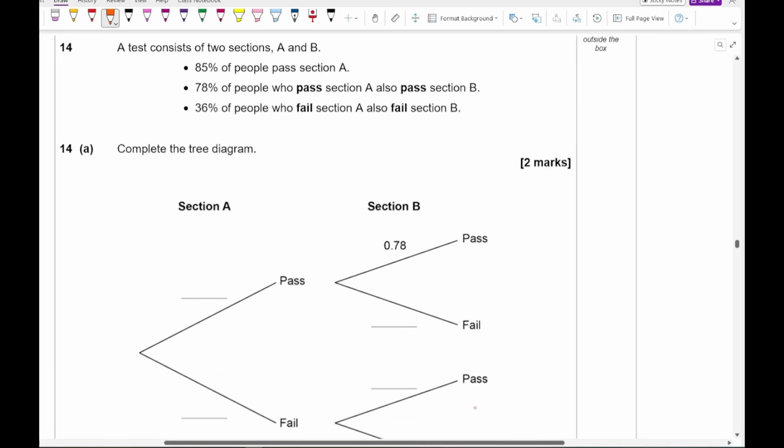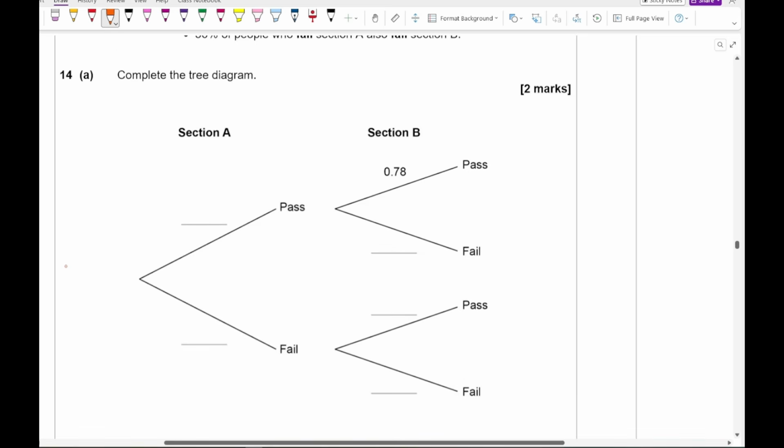Moving on to question 14, it says a test consists of 2 sections, A and B. 85% of people pass section A, 78% of people who pass section A also pass section B, and 36% of people who fail section A will also fail section B. And it says complete the tree diagram. So for this, what we have is for section A pass 0.85. For a section A fail, that's therefore going to be 0.15.